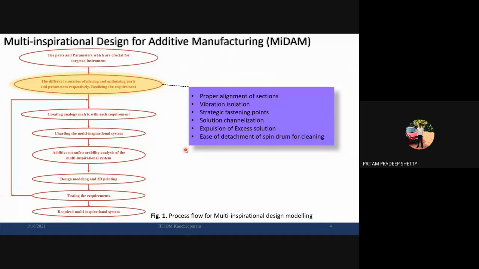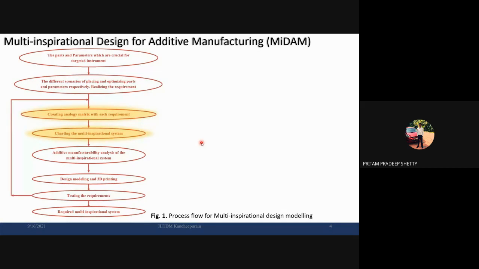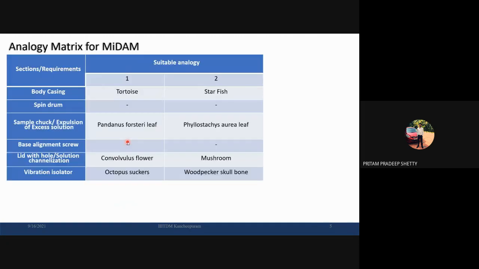Okay, so next, this is the core of MIDAM, that you have to create an analogy matrix with each requirement, and chart the multi-inspirational system. I'll go to the next slide, which will give you a better understanding. You have already charted out the requirements: body casing, spin drum, chuck holder, alignment screw, and all those things.